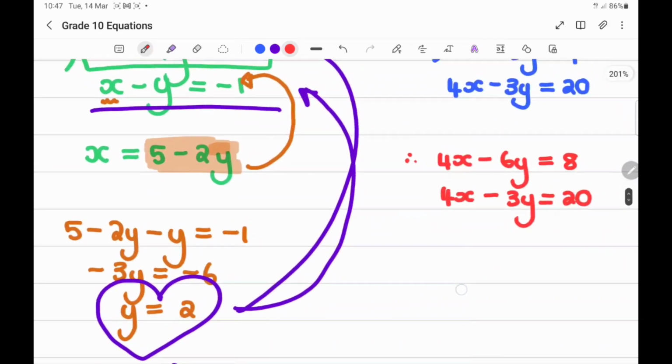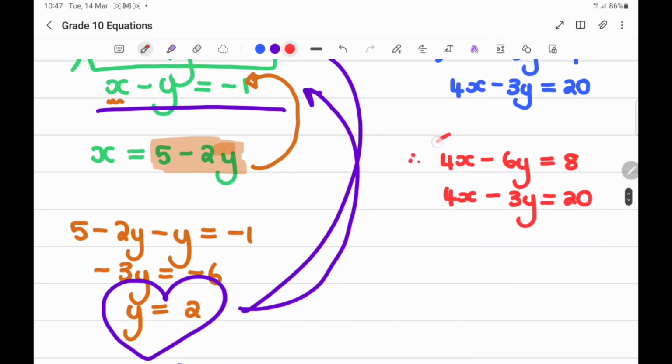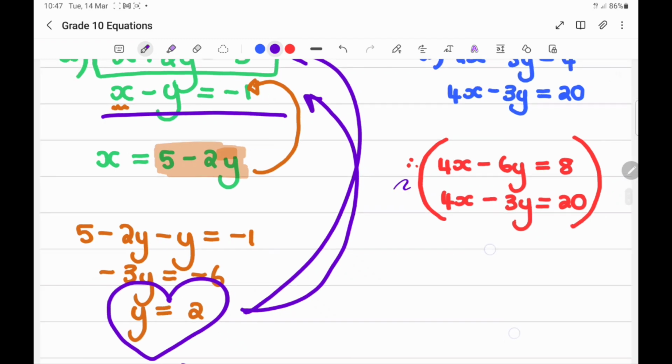Now, plan B is, and I'm sure your teacher has maybe taught you this, where we want to find out whether we are going to plus or minus these two equations together so that we eliminate one of our variables. Okay, so plus or minus, very, very important.